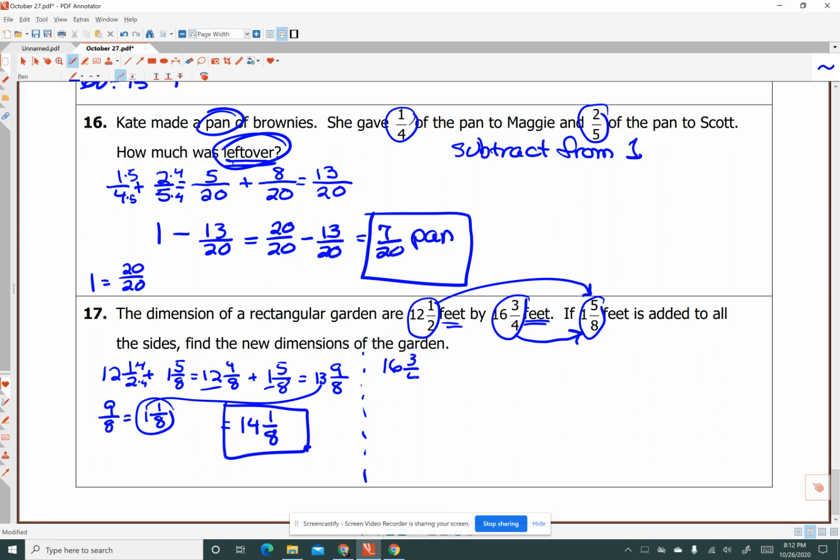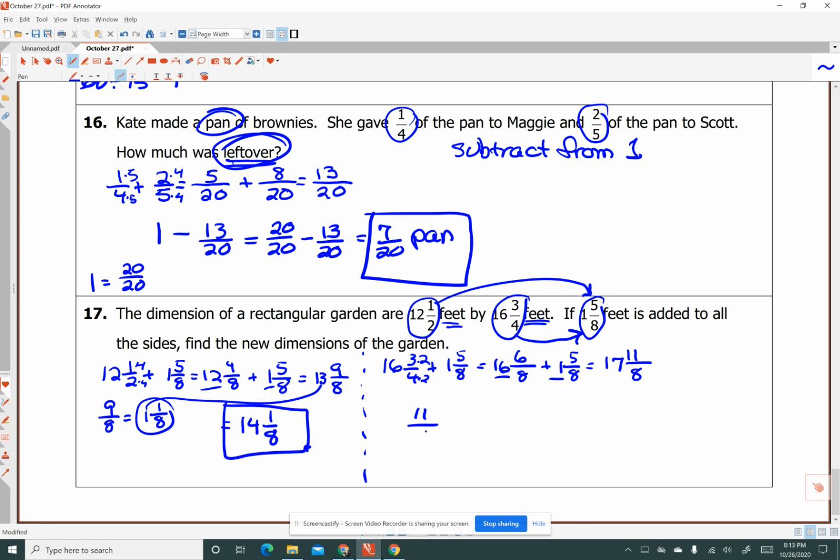16 3/4 plus 1 5/8. And let's keep it at eighths. So 16 3/4. 4 times 2 is 8, 3 times 2 is 6. So that would be 16 6/8 plus 1 5/8. 16 plus 1 is 17. 6 plus 5 is 11.